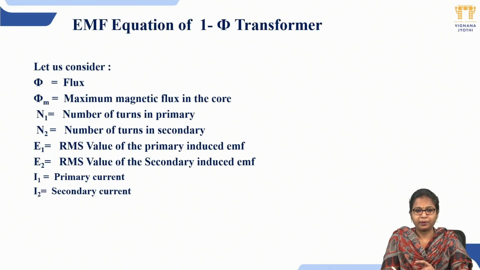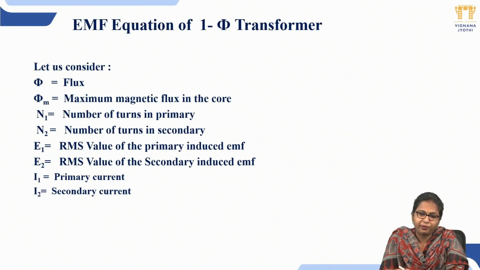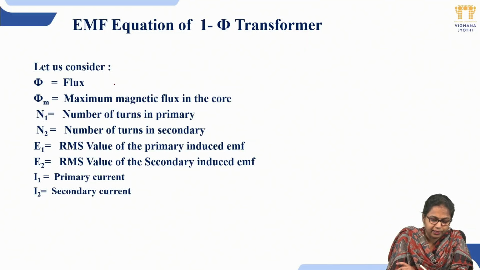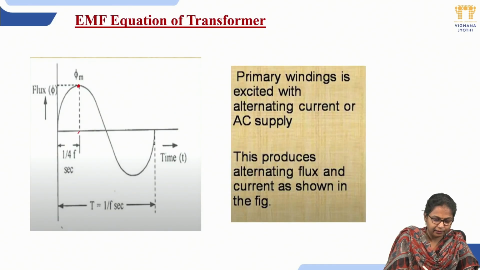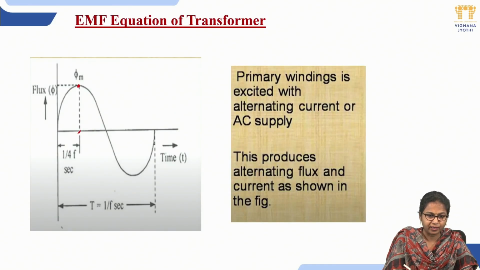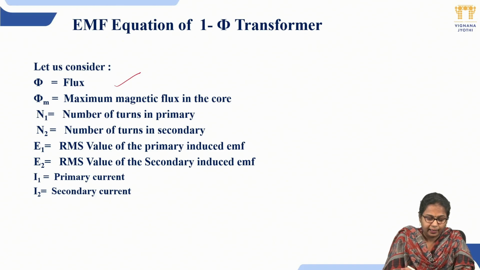Here the terminology used for deriving the EMF equation of a transformer is all about the flux, where we use the symbol phi, and the time taken to reach the maximum flux is a quarter cycle. Let N1 represent the number of turns in the primary, and N2 the number of turns in the secondary.